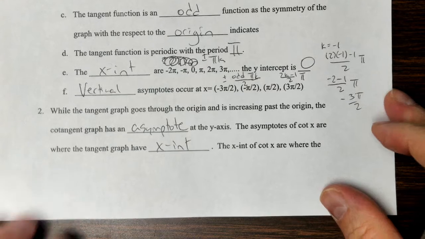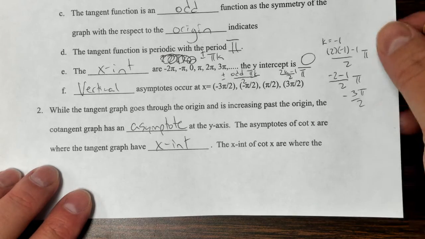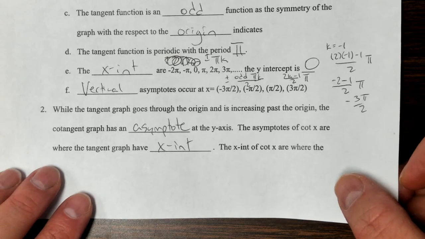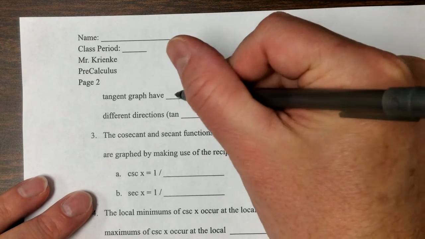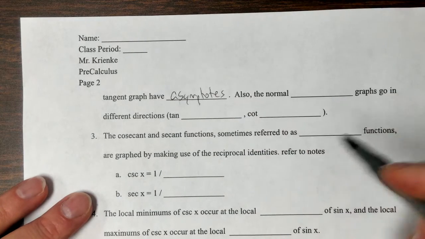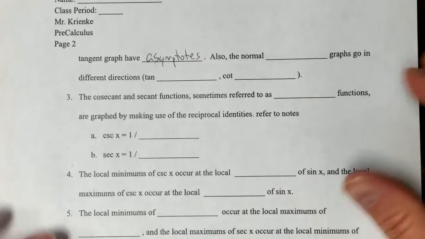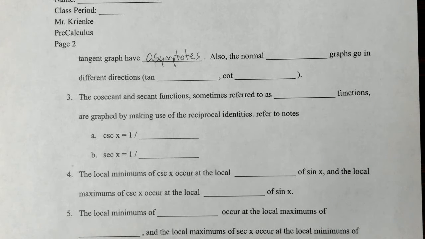So in that respect, they're opposites. The x-intercepts of cotangent are where tangent has asymptotes. Don't forget the p in asymptotes. It's silent, but it's fine.